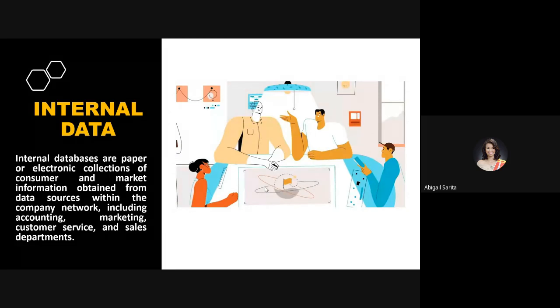For example, si Alexis. Si Alexis ay part ng marketing department. She is the marketing manager of the rooms department. Minamarket niya yung different rooms ng hotel nila. Now, si Alexis, kailangan niyang gumawa ng marketing plan for the rooms. Ngayon, si Alexis, pupunta siya sa MIS system. Hahanapin doon ni Alexis sa database niya sa organization.